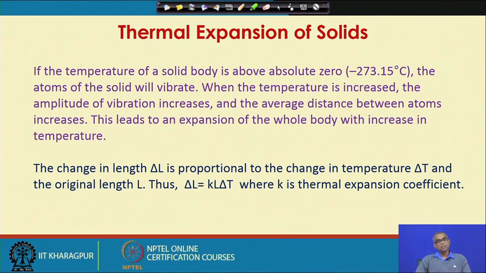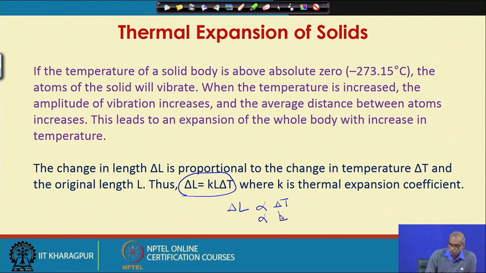So, you can write the change in length as directly proportional to change in temperature, directly proportional to length. So, you can write change in length is K L delta T, where K is known as thermal expansion coefficient.